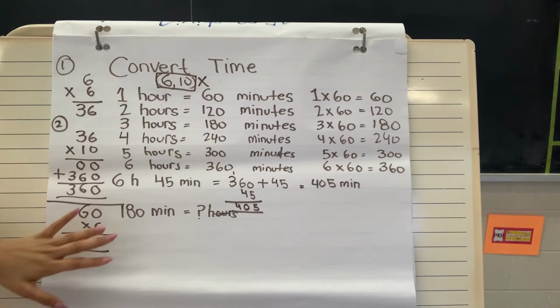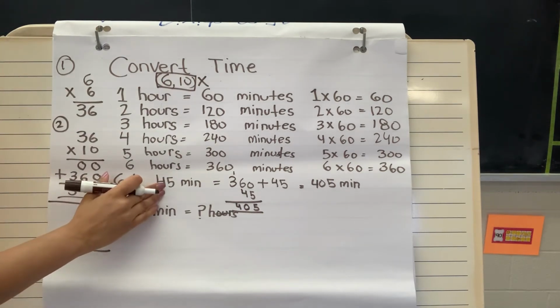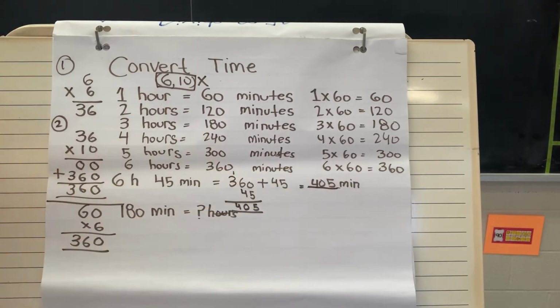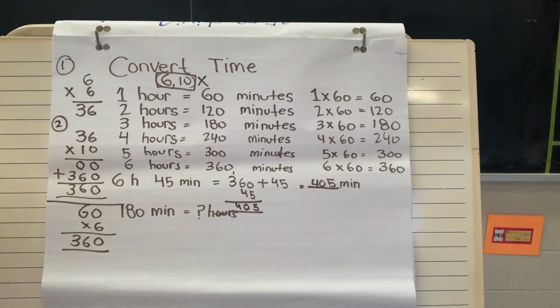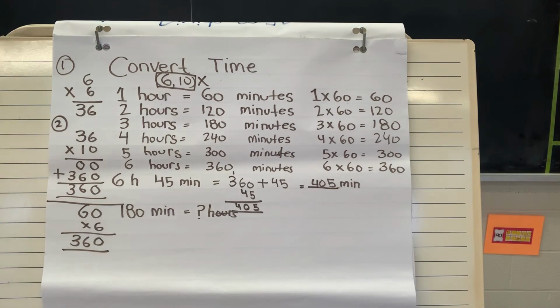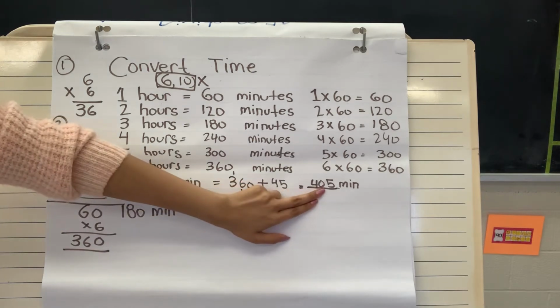Okay, so you're multiplying your hour by 6 and 10, and then you add the remaining minutes to find the total minutes. So that's how we did it. So 6 hours, 45 minutes. How many minutes is that altogether? It is 405 minutes. That is how we convert our hours and minutes to minutes altogether.